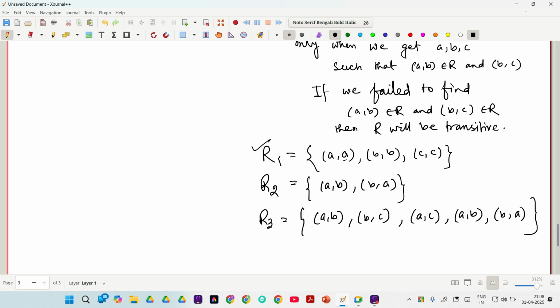I mean A comma B and B comma C, here C is equal to A. Take that C is equal to A, because there is no restriction that A, B and C should be all different. So if we take C equal to A, can you tell whether this relation is transitive or not?